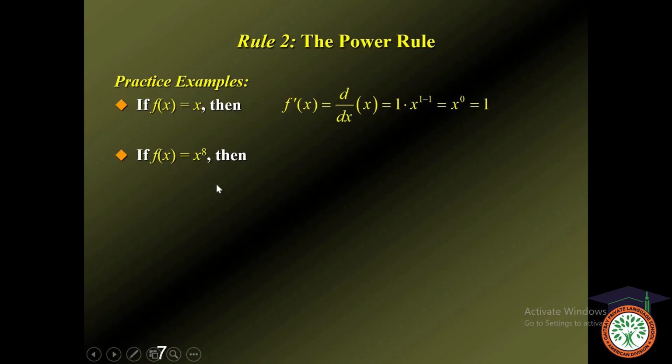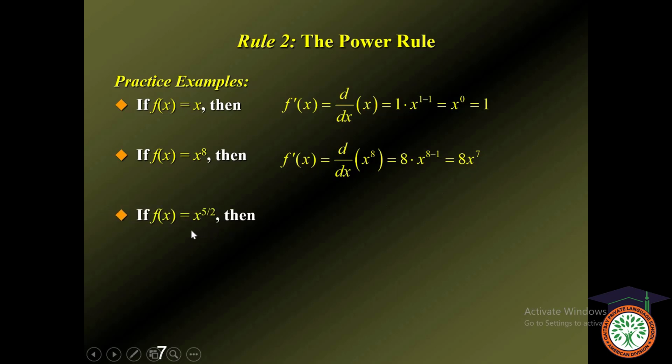Another example, I have f(x) equals x to the power 8. Then the derivative f dash x equals the derivative of x to the power 8 with respect to x. 8, drop the exponent to be coefficient and then take 1 from the original exponent, 8 minus 1. So the final answer is 8x to the power 7.